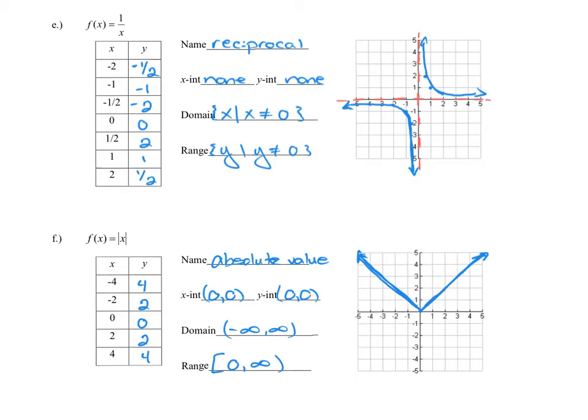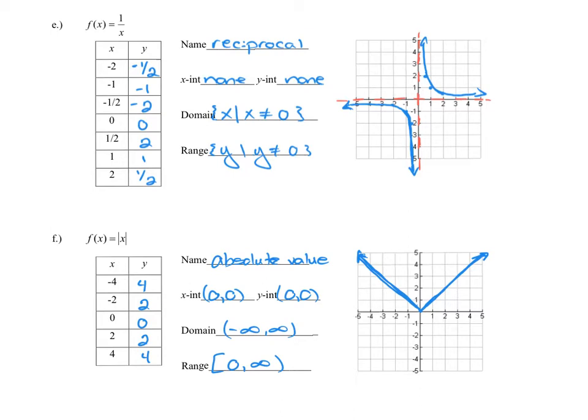Things that you want to recognize here on our reciprocal function is that there are some asymptotes. I've drawn those in a different color for you. We do have 2 asymptotes. We are going to spend a couple days just on our rational functions, which will include these functions with fractions in them.